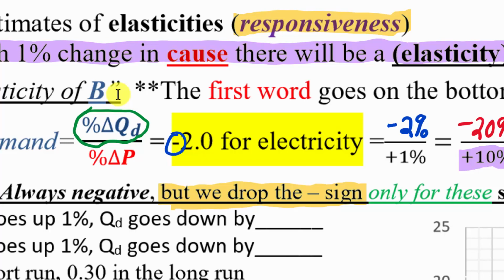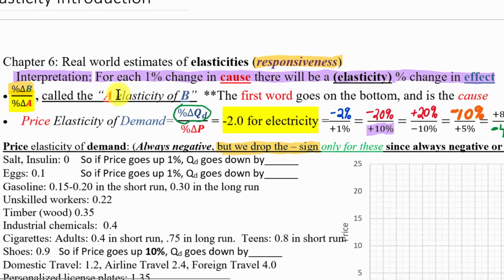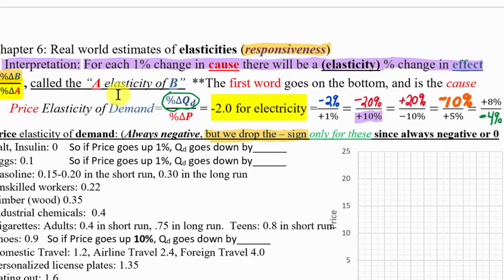Any price elasticity of demand, when we're talking about the relationship between price and quantity, is always that negative relationship where when one goes up, the other goes down. So economists have developed this lazy habit of dropping minus signs for price elasticity of demand sometimes.